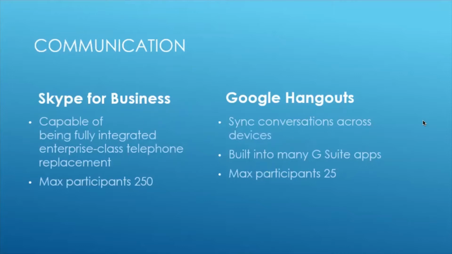Because it is so integrated into the Office 365 product suite, it gives you a lot of additional functionality as far as scheduling meetings, communicating about the meetings, about phone calls, sharing files right from any of the other items in the product suite, and so on and so forth.